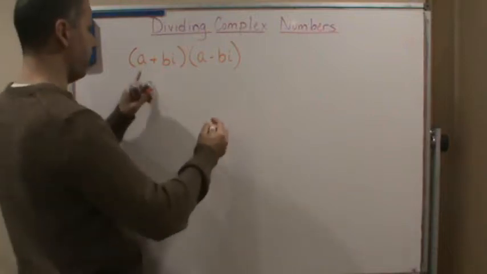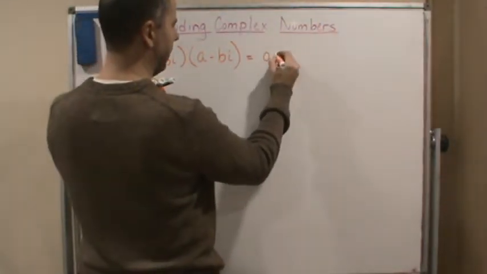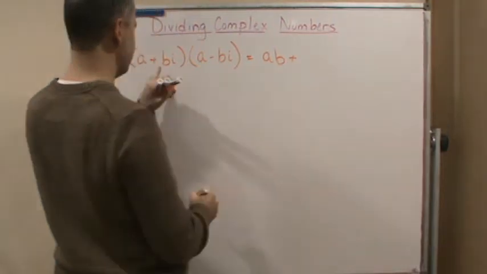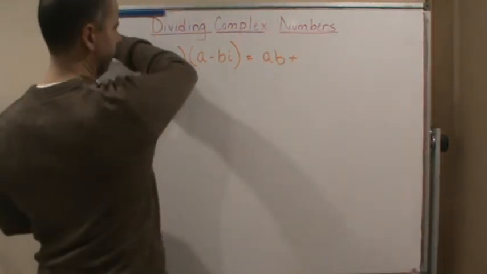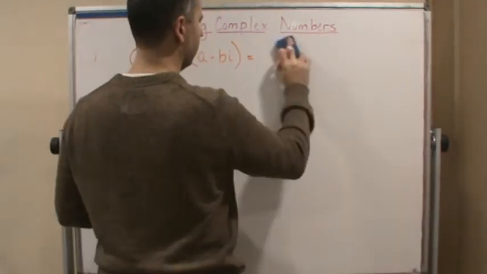If I use the FOIL method, I get AB plus what? Or excuse me, not AB. This is different.